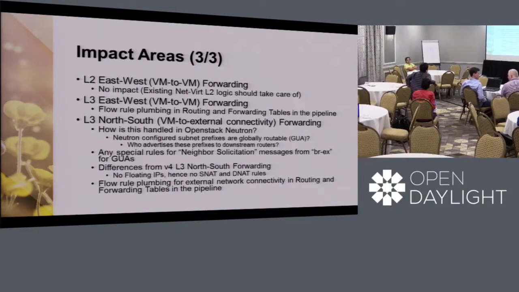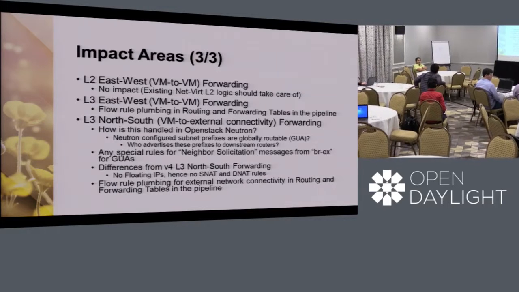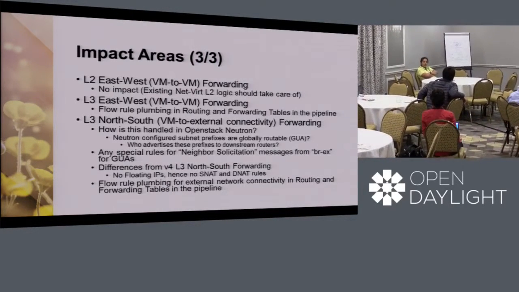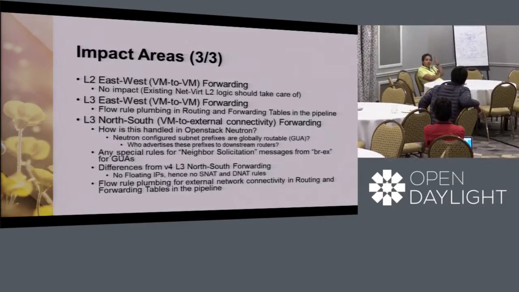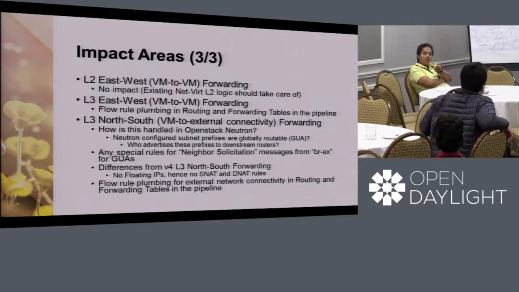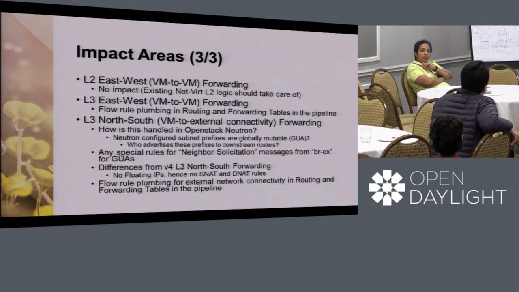Let's say we want to do SLAAC, and Neutron is configuring the Neutron port. What would it send down with the port create? Would it just send a subnet and MAC, with no IP in there? Subnet and MAC with no IP, IPv6, yeah, right.